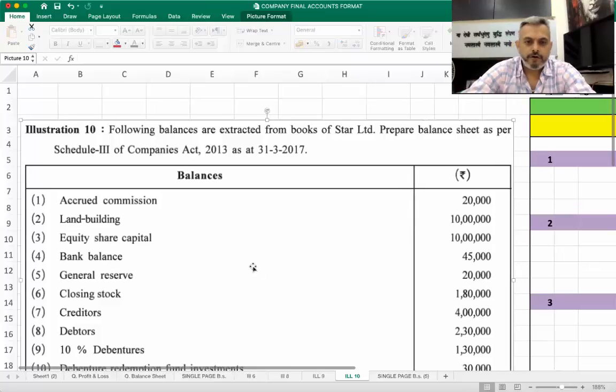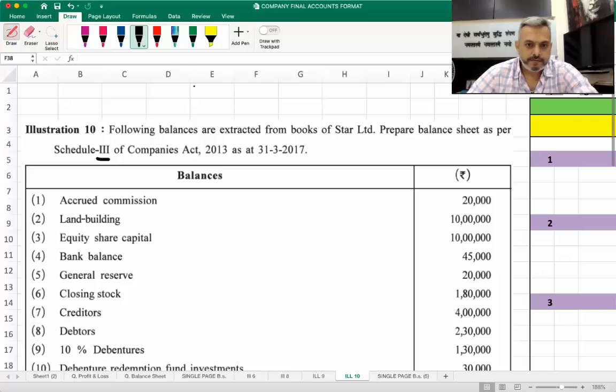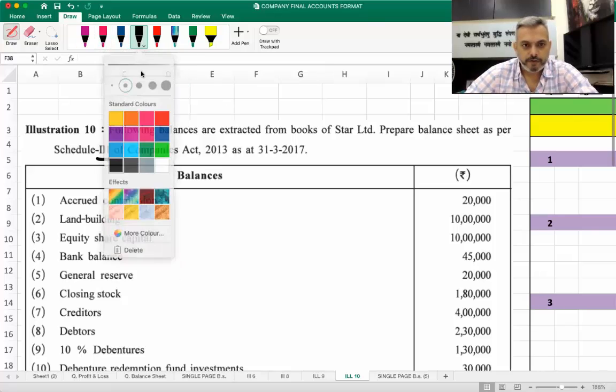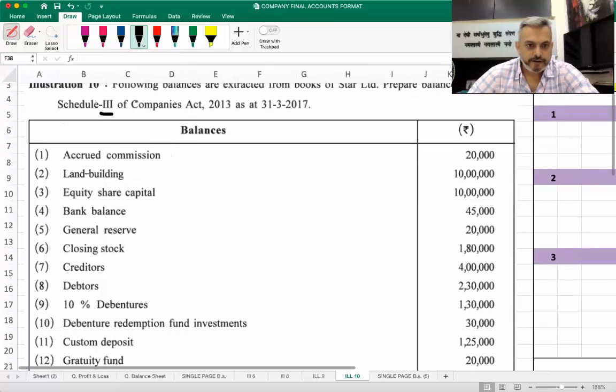Okay. Following balances are extracted from the books of Star Limited. Prepare balance sheet as per Schedule 3 of Companies Act 2013 as at 31/3/2017. So let's go to it.